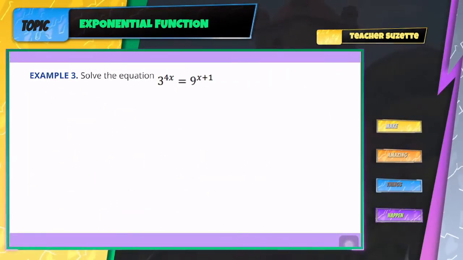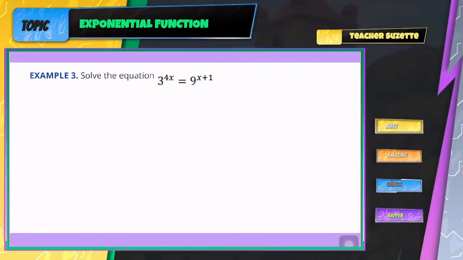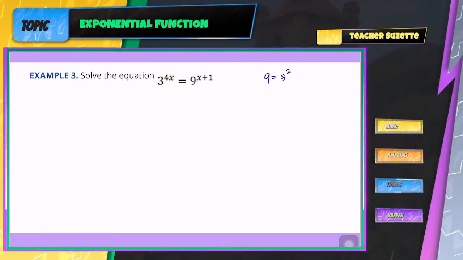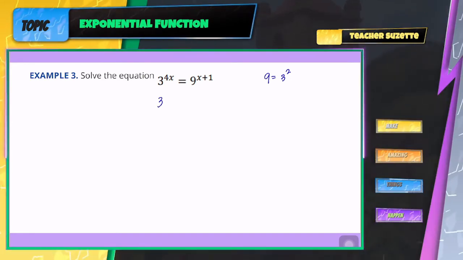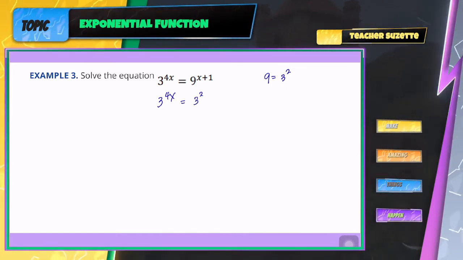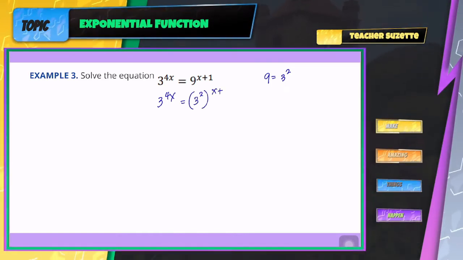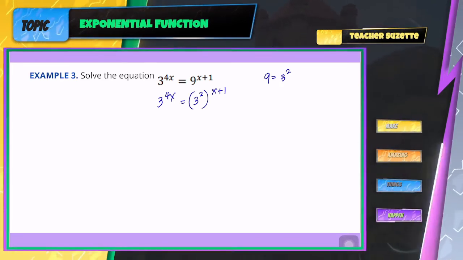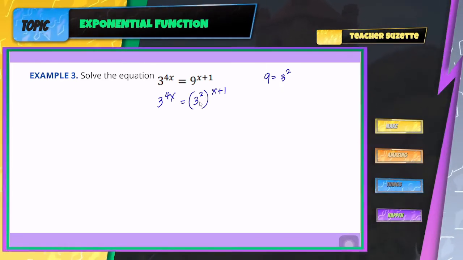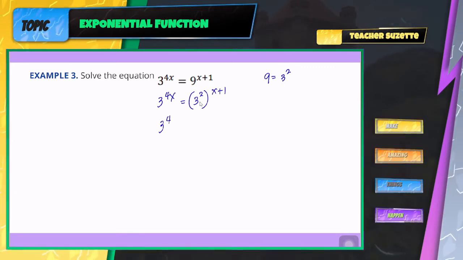Next po, next example, you have 3 raised to 4x is equal to 9 raised to x plus 1. So, that is, 9 is equal to 3 squared. So, palitan natin yung ating 9 dito. You will have 3 raised to 4x equal to 3 squared raised to x plus 1. Then, simplify natin. Alisin natin yung ating parenthesis. So, you will have 3 raised to 4x is equal to 3 raised to 2 times x plus 1.